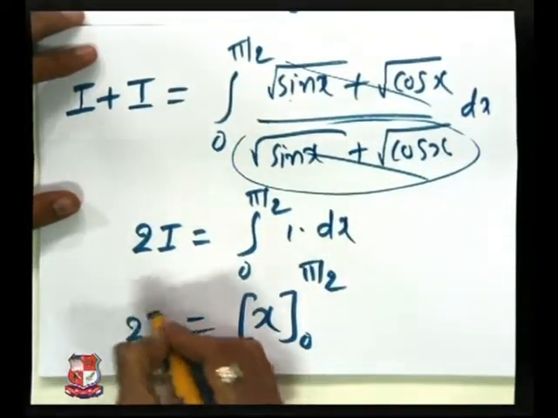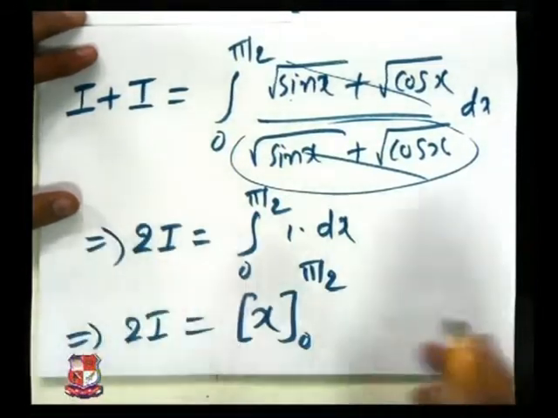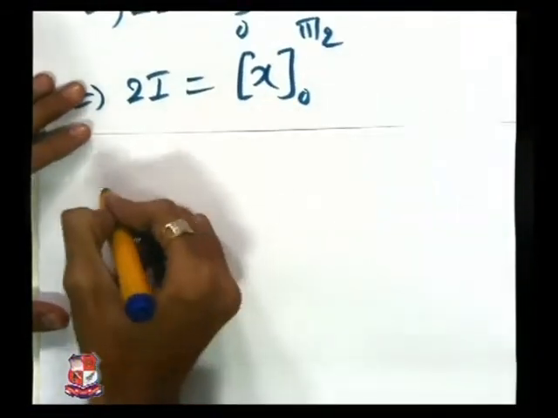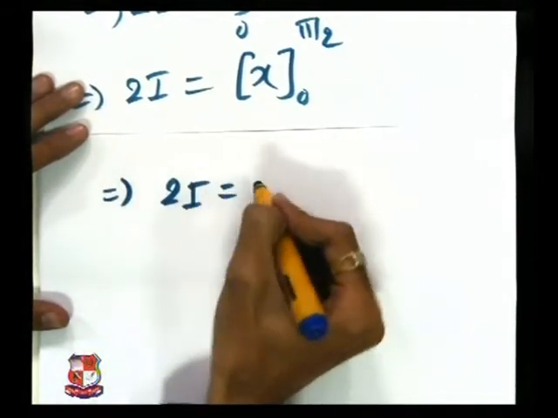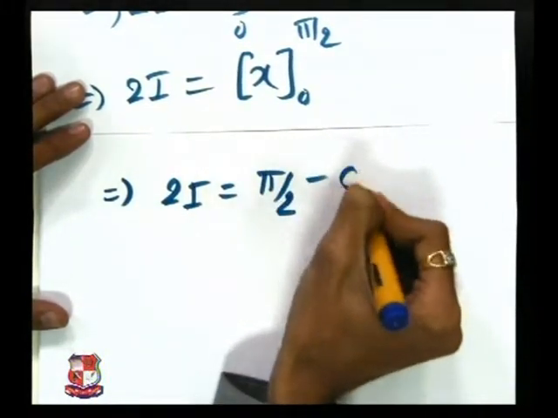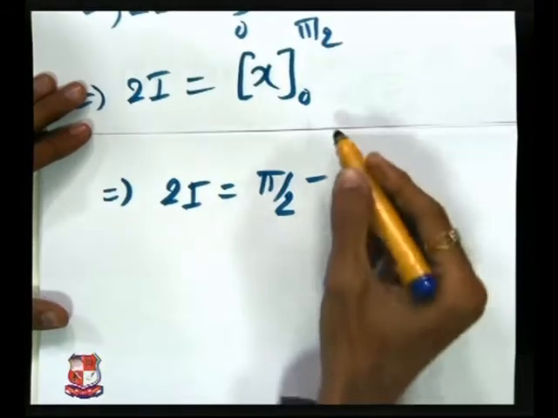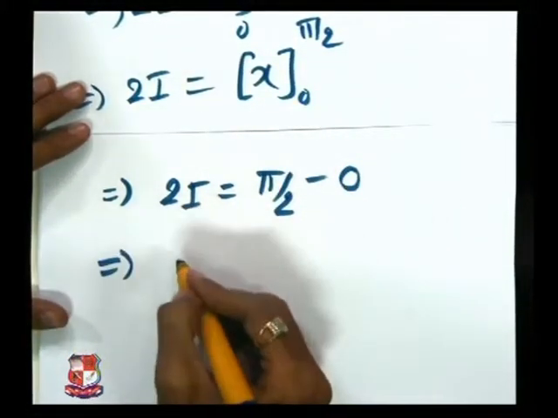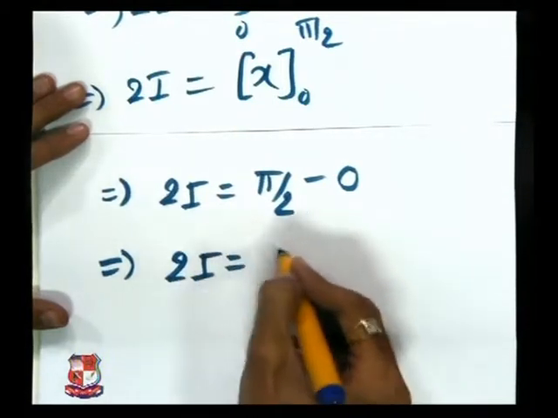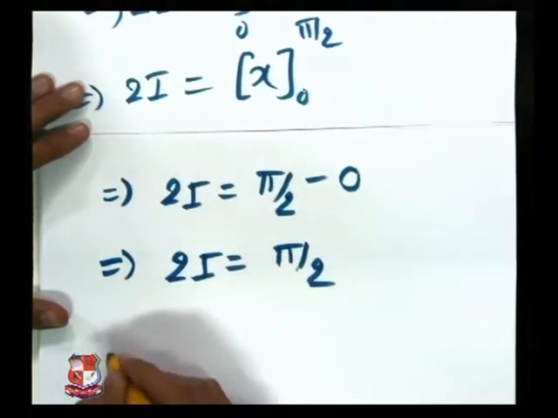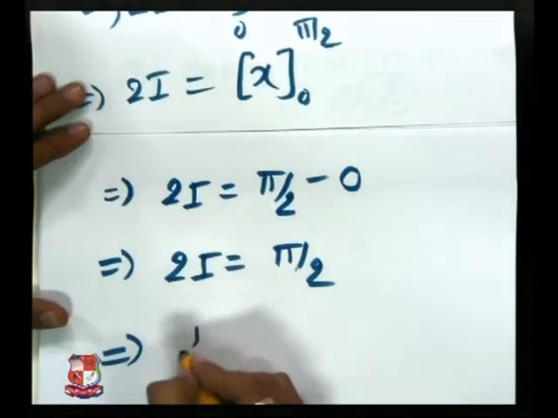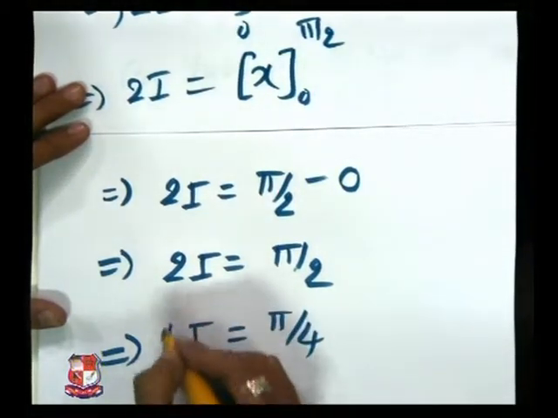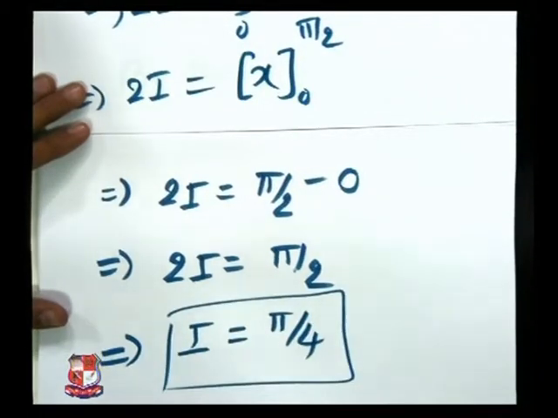So 2I is equal to pi by 2 minus 0, upper limit pi by 2 minus lower limit 0, so 2I is equal to pi by 2, so I is equal to pi by 4, which is the value of our integral.